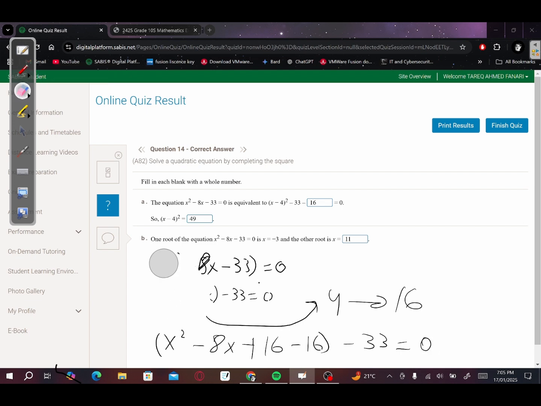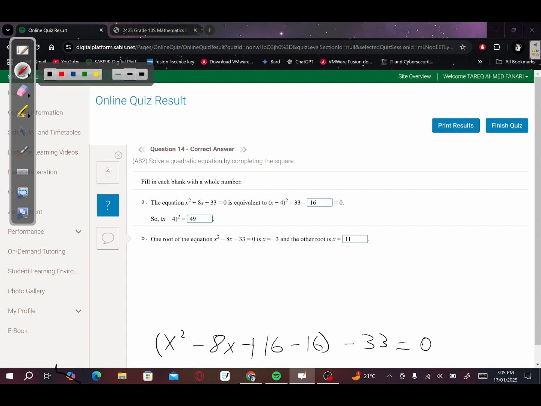Okay, perfect. Now what we're going to do is factor the first three terms. This is going to be x minus 4 squared. You should know how to factor trinomials, so I'm not going to explain it. Minus 16 minus 33 equals 0.